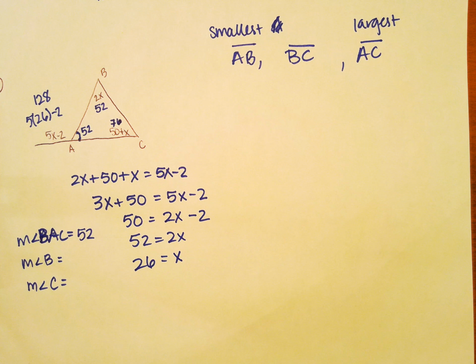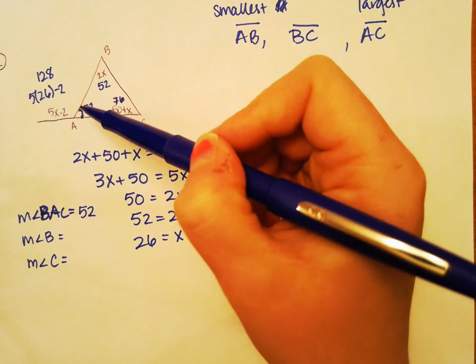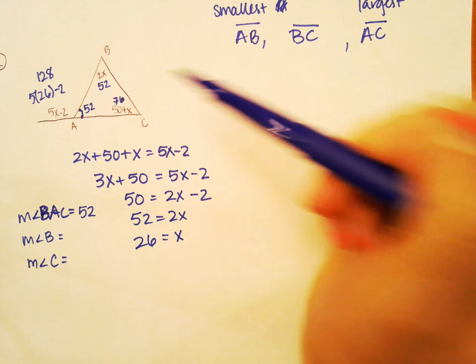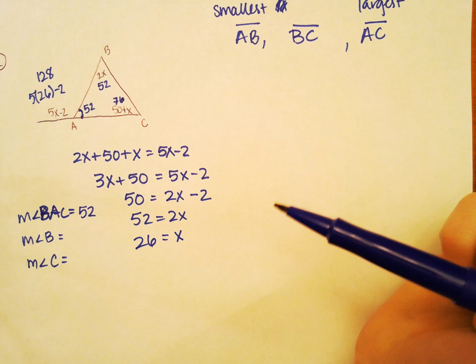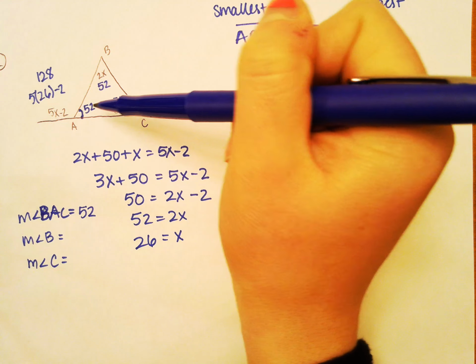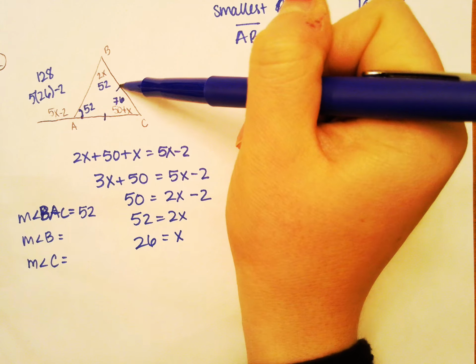And again, you should probably double check and make sure that all those angles do add up to 180 degrees, which they do. So for this one, it's kind of interesting because my two smaller angles are actually equal, which means that if I'm going to write a list of smallest to greatest, since these two angles are equal, then these two side lengths are equal.